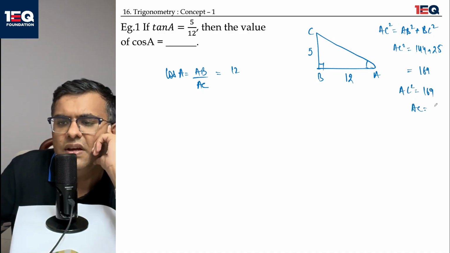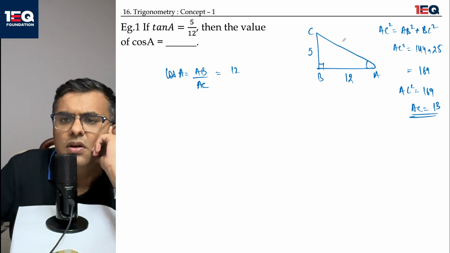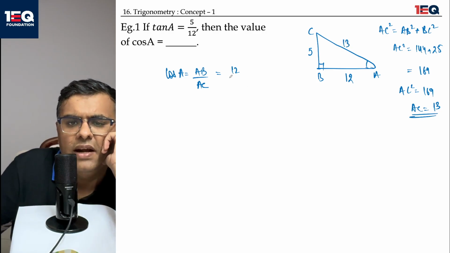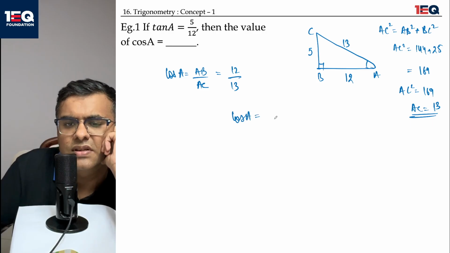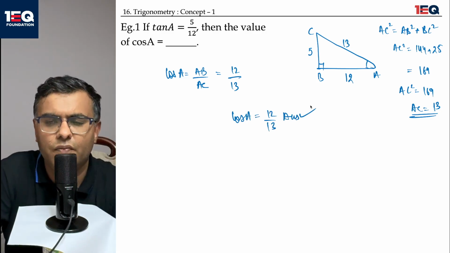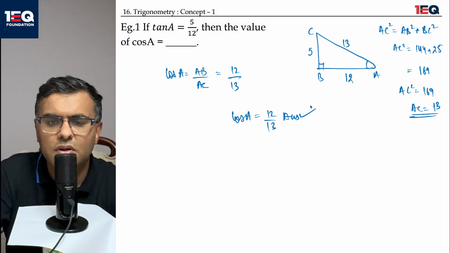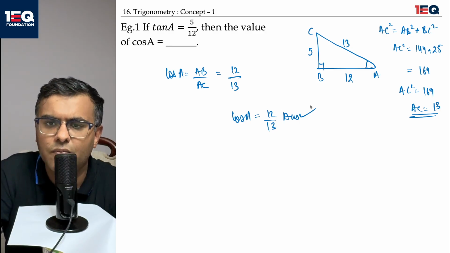The value of AC would come out to be 13 units. So AC is 13, and I can easily say that the value of cos A is 12 over 13. This is my answer. Right? Understood? Okay, let's move on.